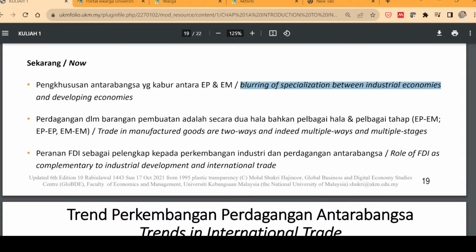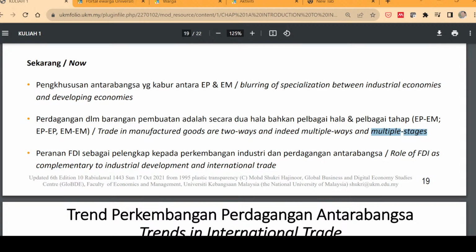Products are not made entirely from A to Z in one country. A good example is the semiconductor. At one stage, this semiconductor is prepared in Vietnam, shipped to Malaysia to finish the microchips.